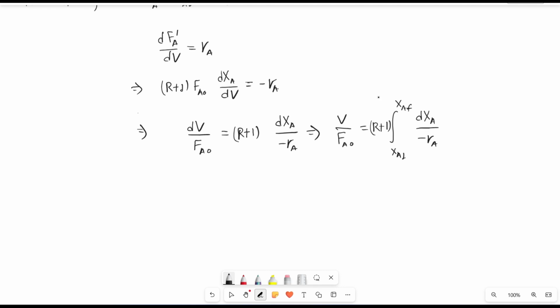Now if we put in the value of XA1, we get the expression (R plus 1) times the integral from R by R plus 1 XAF to XAF of dXA by minus RA.